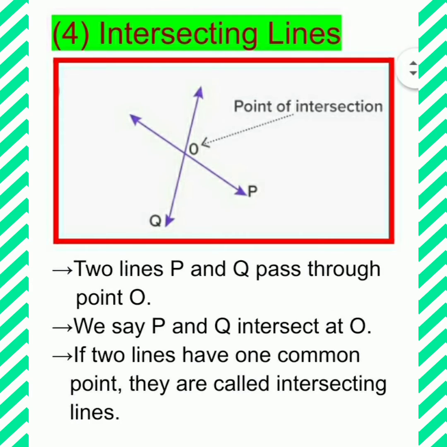You see in the picture 2 lines are drawn, P and Q. These 2 lines are passing through point O. They have one common point. This point is called the point of intersection. So if 2 lines have one common point, they are called intersecting lines, right?